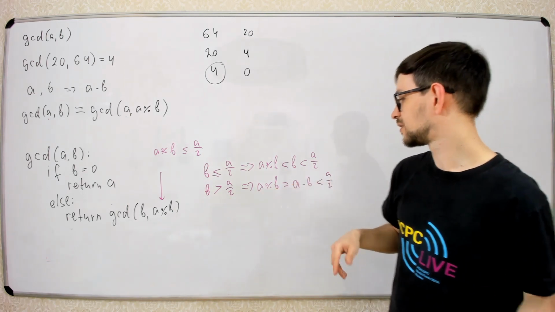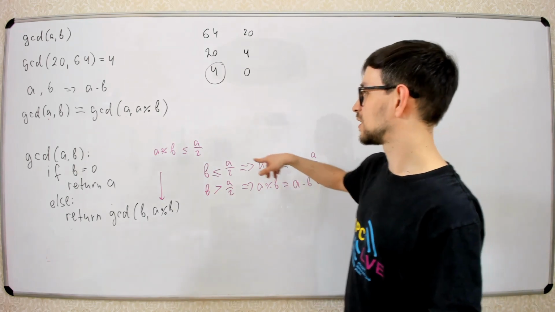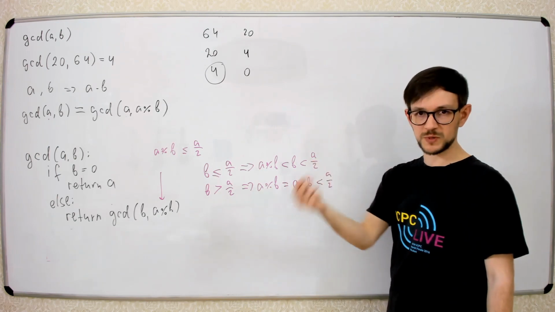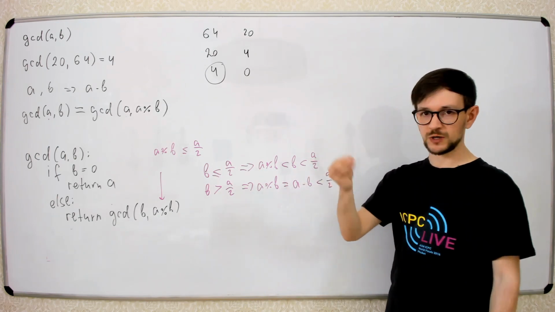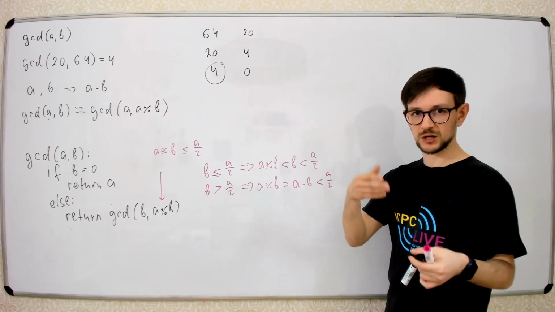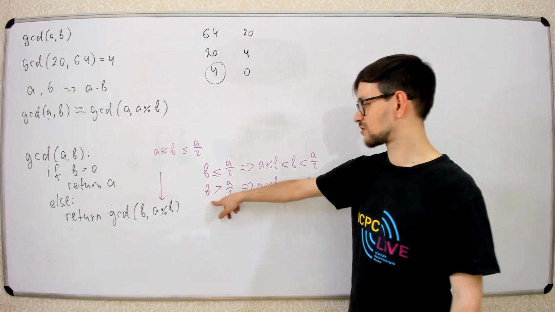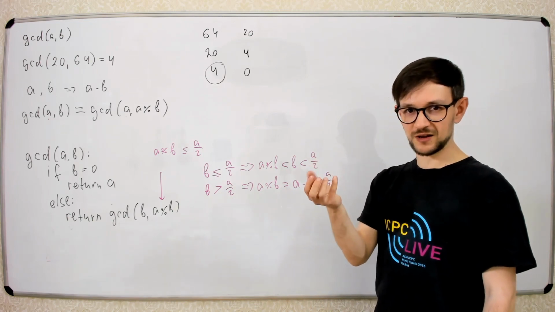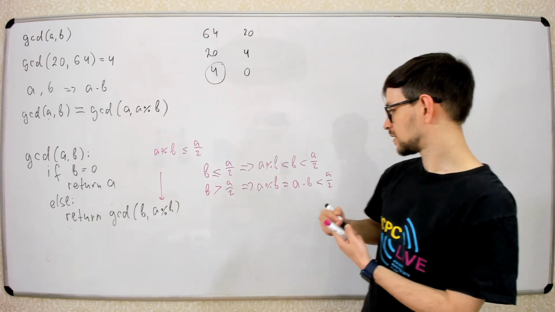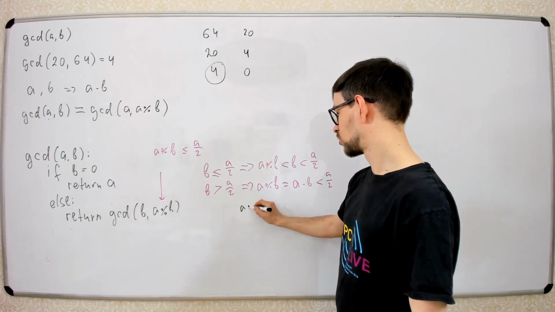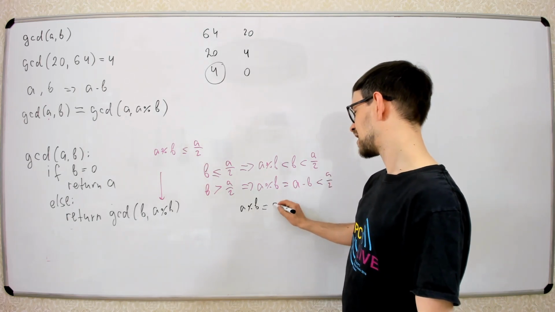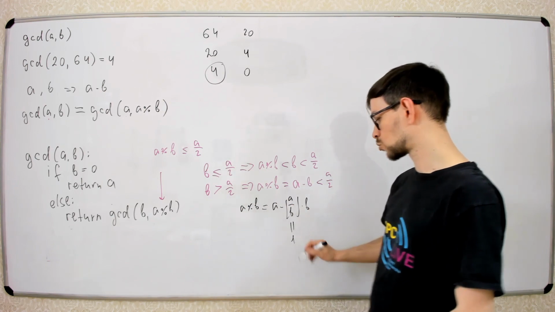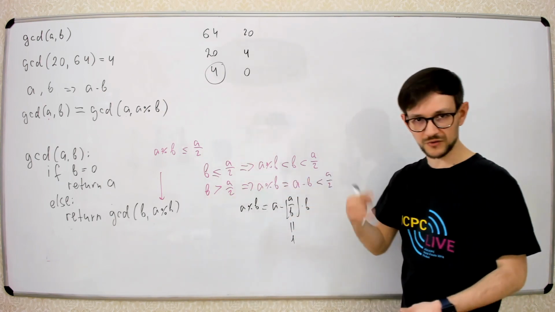Because the remainder of this division is just A minus some copies of B. How many copies of B can we fit into A? At most one, because B is greater than half of A. So we'll put exactly one copy of B inside A, right? So A modulo B is A minus the floor of A over B multiplied by B, and this floor equals 1, because B is greater than half of A. Yeah?